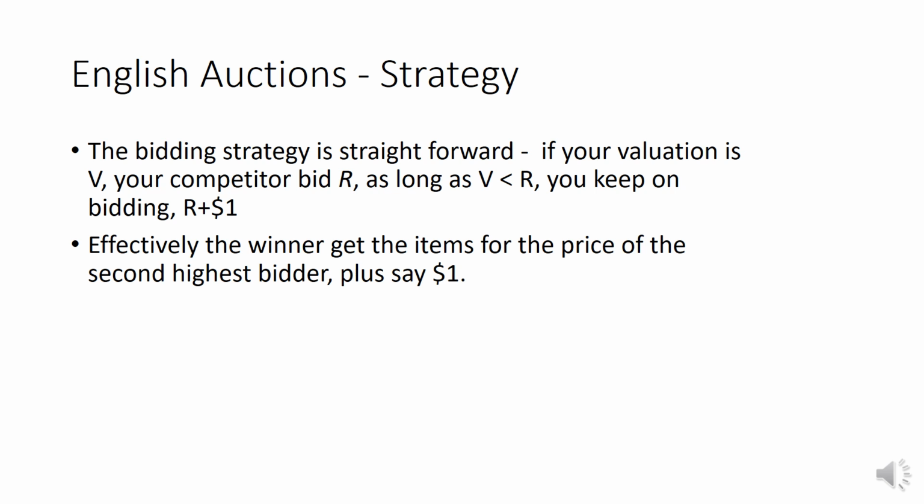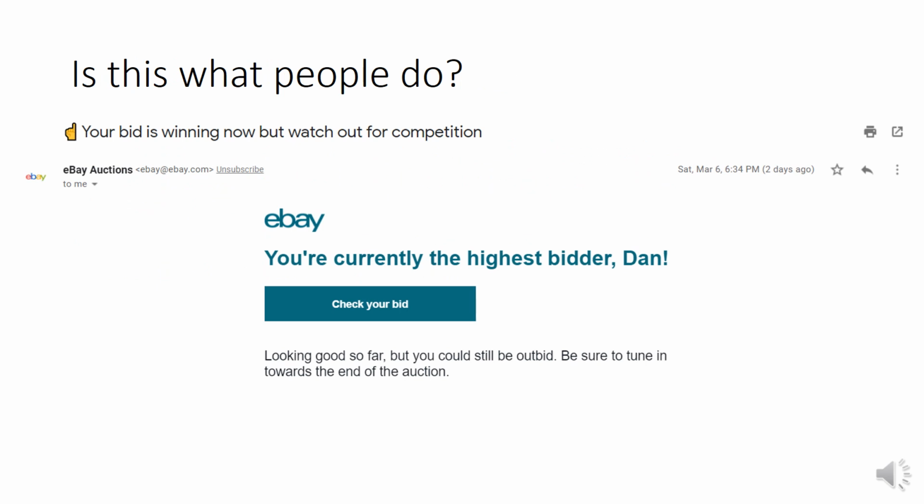Now, we've all seen auctions on TV. Some of us might have participated in them before. Is this what happens? I actually participated in an auction this past weekend on eBay. eBay, the auctioneer, is essentially a computer program.